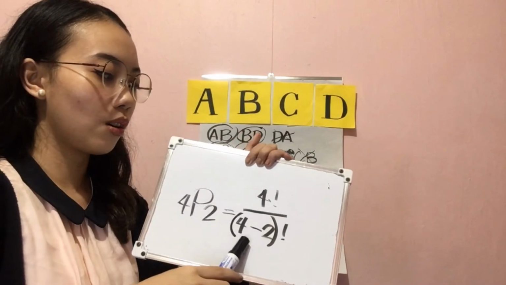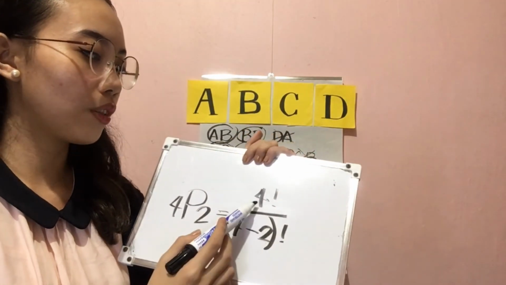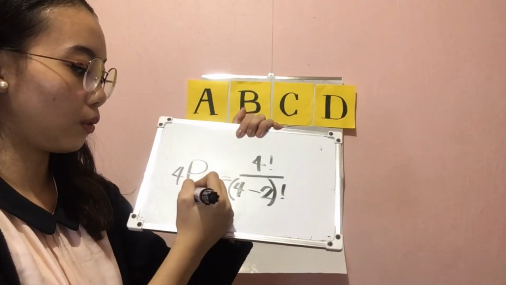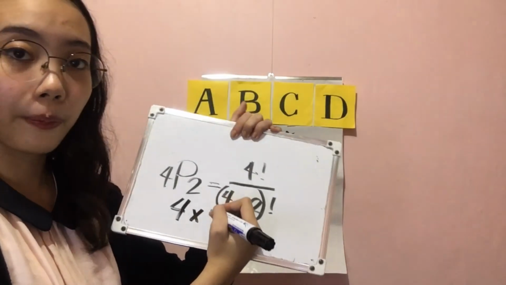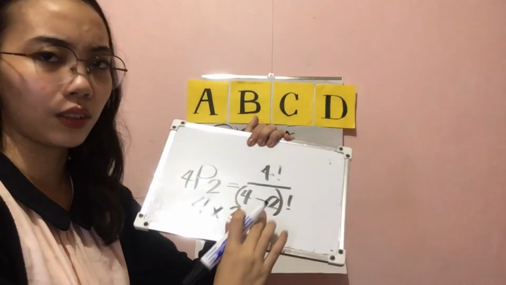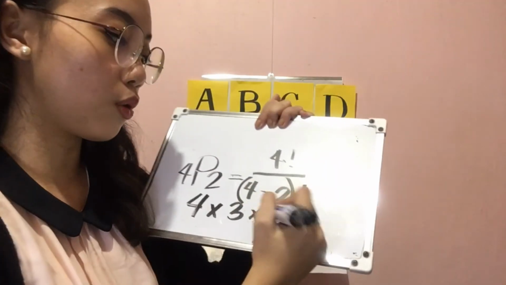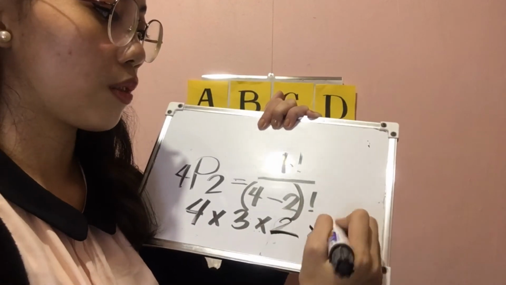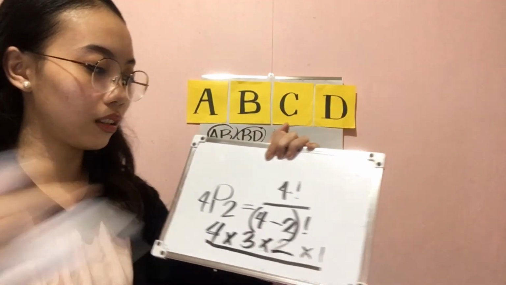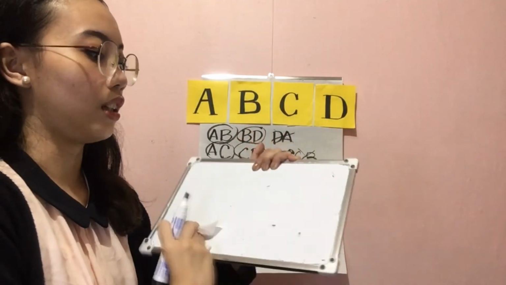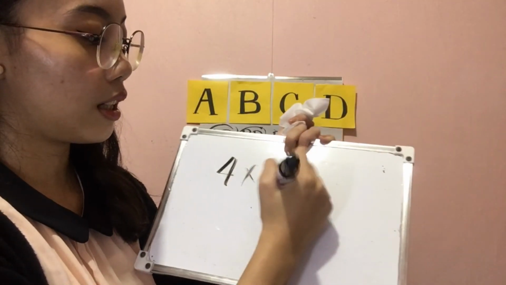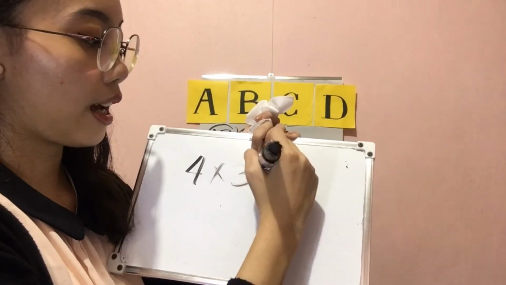Now we're going to get the factorial of 4. We just multiply all the integers until we reach 1. So 4 times 3 times 2 times 1. I'm going to write it again so it will be clearer: 4 times 3 times 2 times 1.